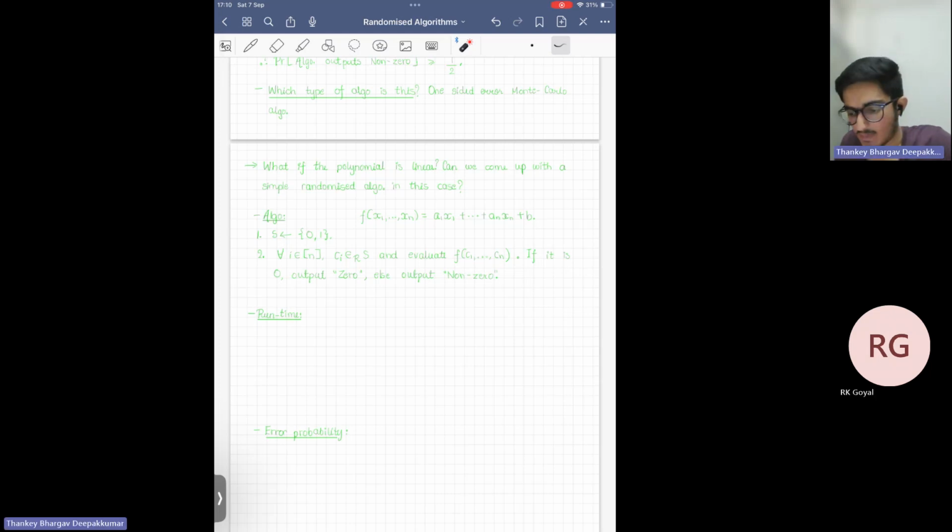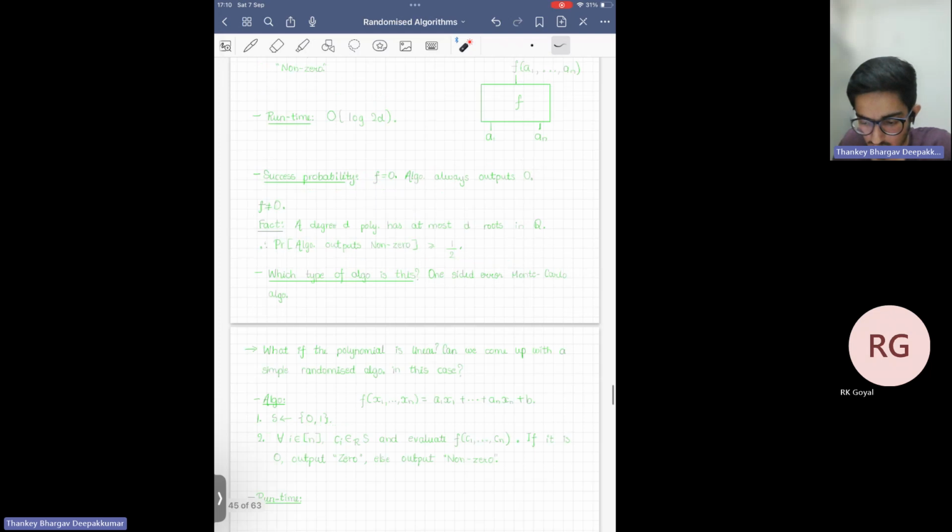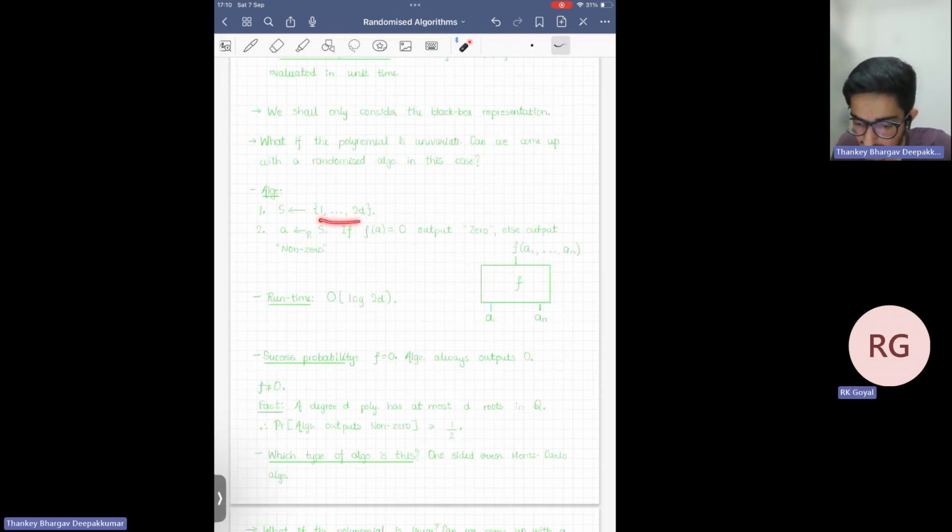So let me go back to what we did yesterday. Yesterday, my set was 1 to 2D. In that case we were selecting one value uniformly at random. What would happen if my set were 0 to 2D minus 1? Would the algorithm still have worked?